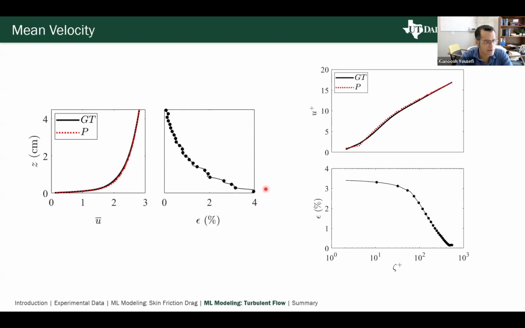And if I average them, here is the mean velocity in regular coordinates and wall coordinates. We can see that we can predict the mean velocity very accurately. And that is great news. This is remarkable because we just use the wave profile in order to get these characteristics from the model.